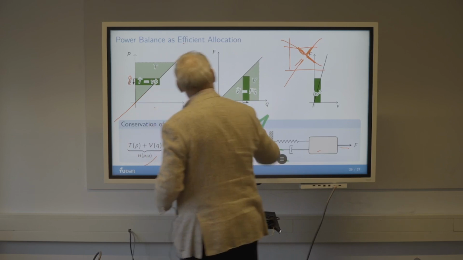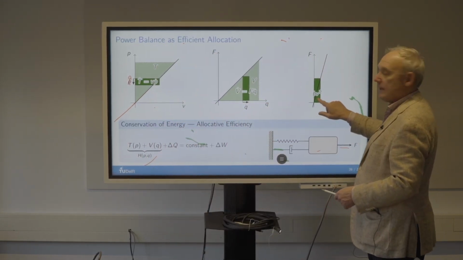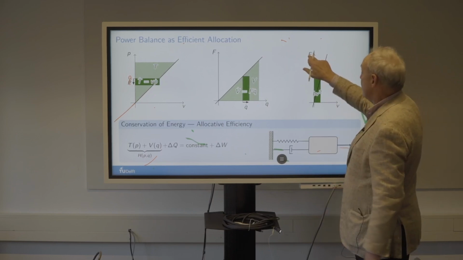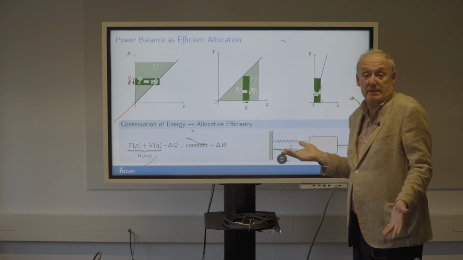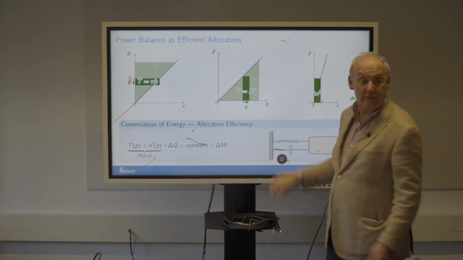Now, this graph also shows you what's different about the dissipated surplus, because then you plot the force against the flow. And then this thing is always positive. I mean, this thing can go either way, but this thing cannot, right?